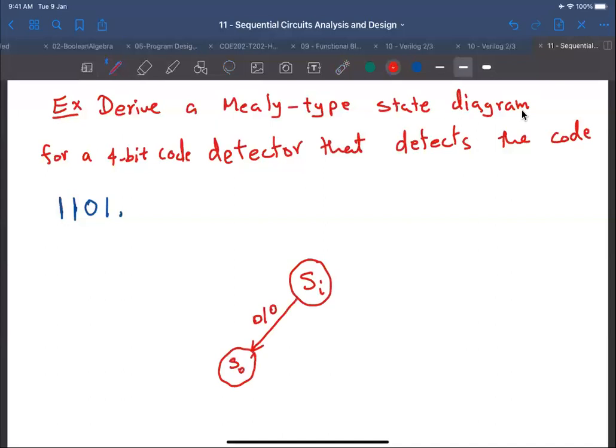Now, all I need to do is to wait until my code here is over and then go back to the initial state. And I know from this place here, actually, that my final output will be 0. Why? Because when you receive a 0 at the beginning, it is impossible that the code will match.